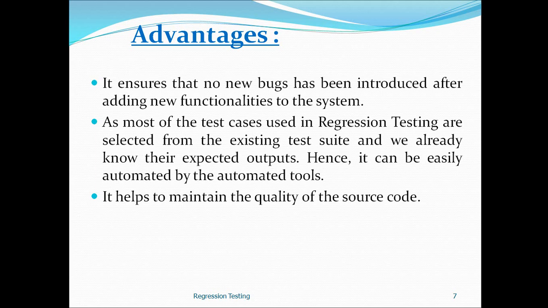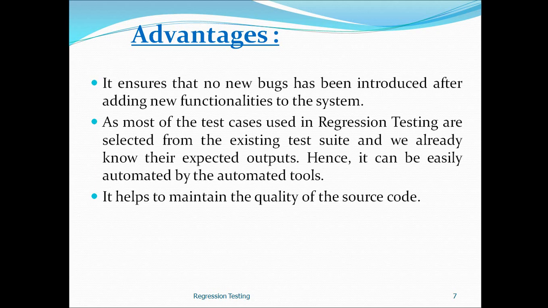And the next one is that most of the test cases used in regression test are selected from the existing test suite, and we already know the expected output, hence it can be easily automated by automated tools. So we know the output of this system, therefore we can select the automated tools, so it is a time saving method, right? The last one is that it helps to maintain the quality of the source code.